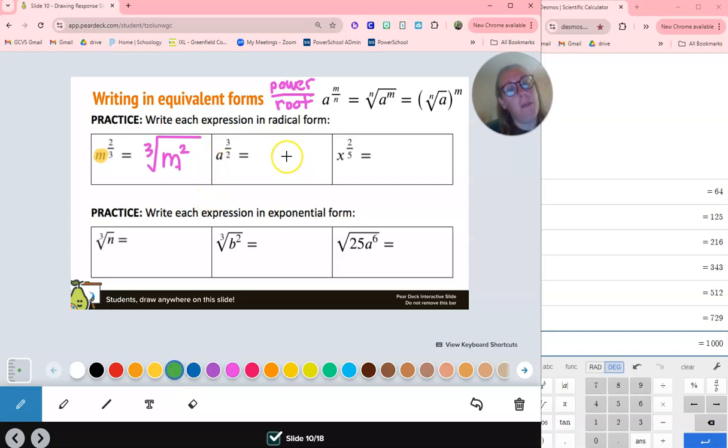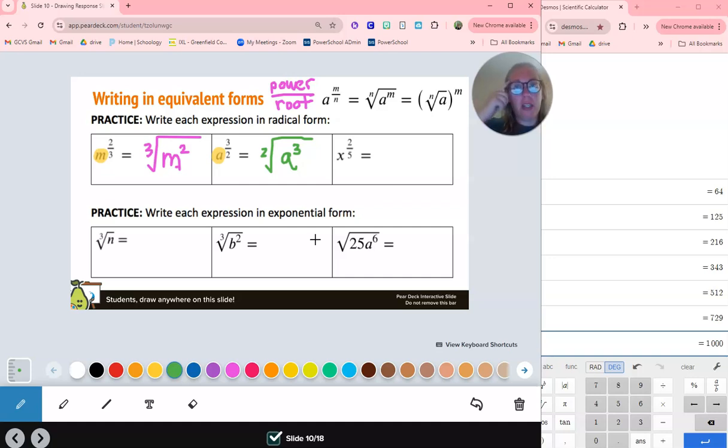For the next one, our base is a. Notice I first grabbed that letter a. That's our base, whether it's a number or a variable, it's what's being raised to the power. Power is on top, our power here is 3, and our root is 2. When the root is 2, we usually won't put the little 2 outside. If you see a root symbol without a number, it's assumed that it is a square root.